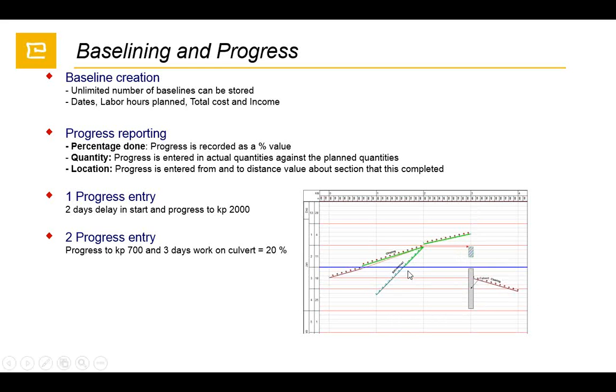So we can get the values like schedule performance index and cost performance index on the tables, which are similar to Excel tables. And here in the background, when we activate the baseline, when we display the baseline, the blue color in the background is the baseline, and this part is the remaining part.